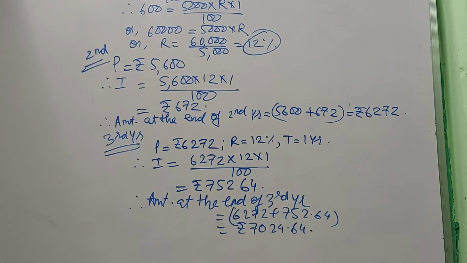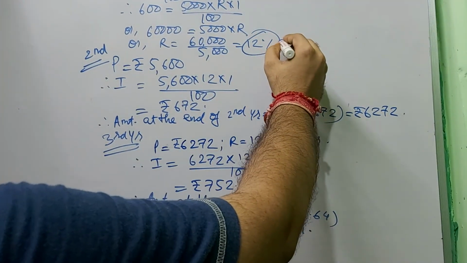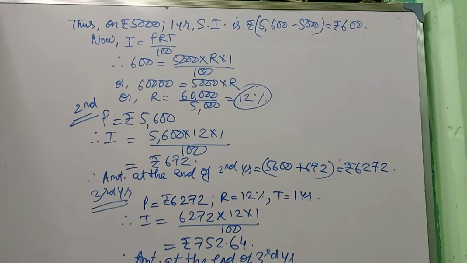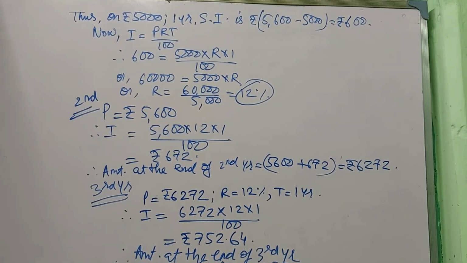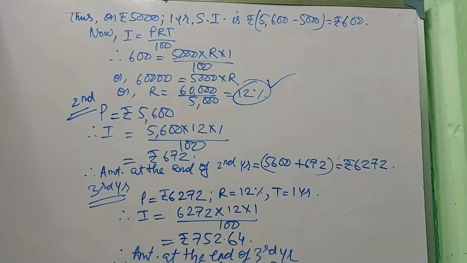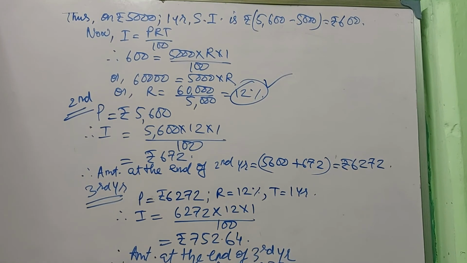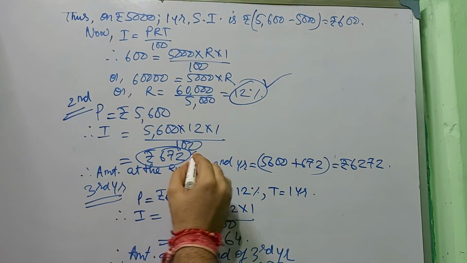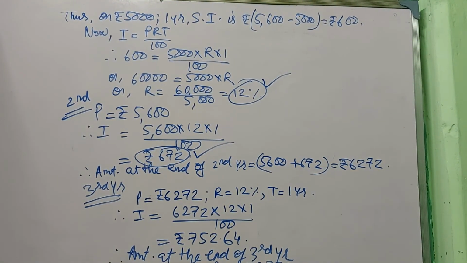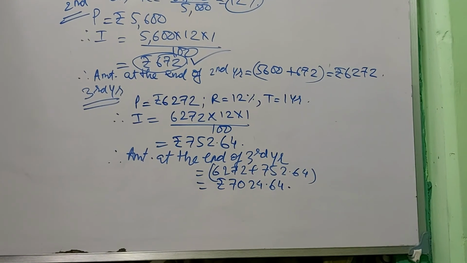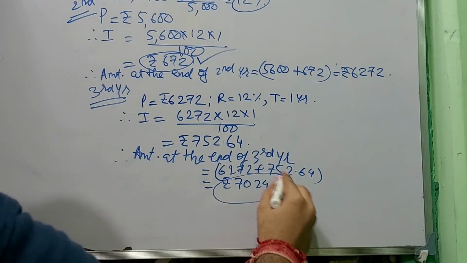This is the answer. The first answer is 12%. The second answer is the interest you have calculated, which is 672. And the third answer is the amount at the end of third year, which is this one.